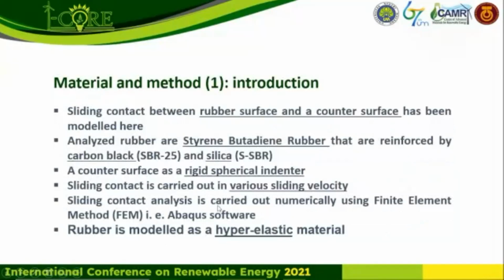Material and method. Number one, introduction. At first, sliding contact between a rubber surface and a counter surface has been modeled here. The analyzed rubber is styrene butadiene rubber compounded with carbon black and silica. The counter surface is a rigid spherical indenter. It cannot be deformed along the sliding. The sliding contact is carried out at various sliding velocities.